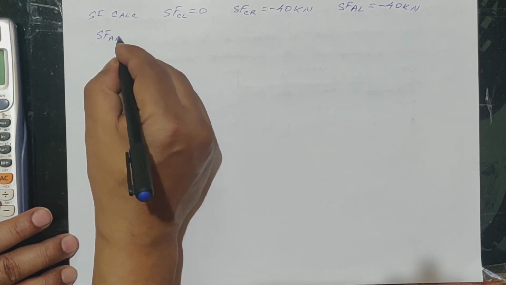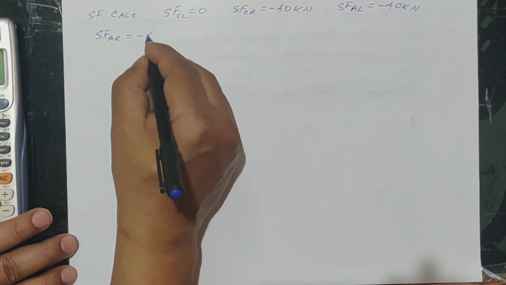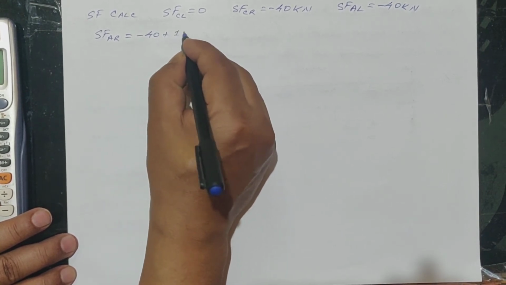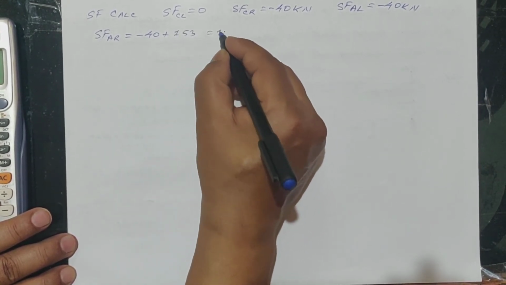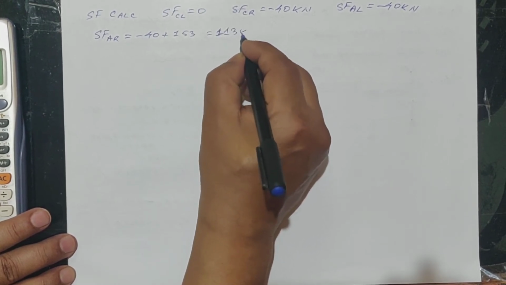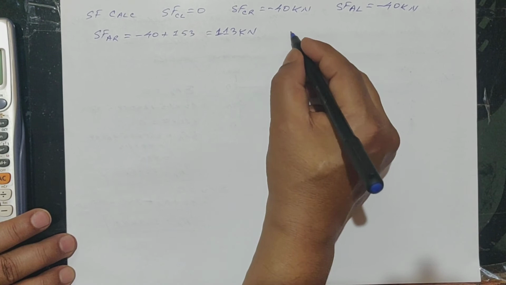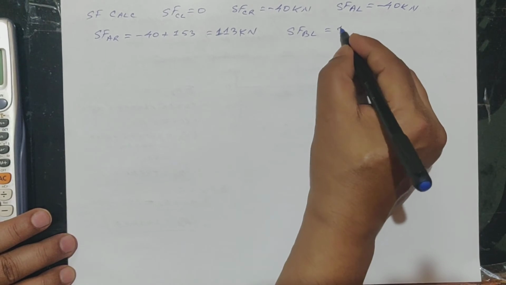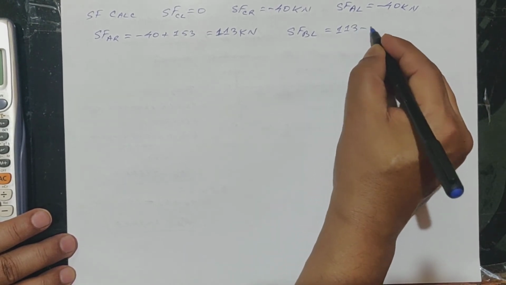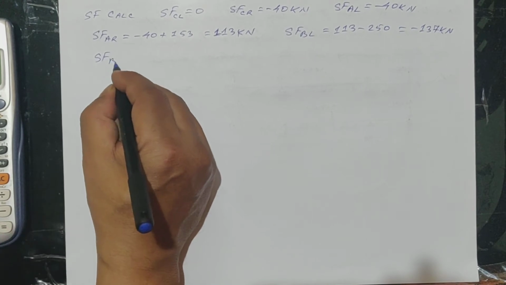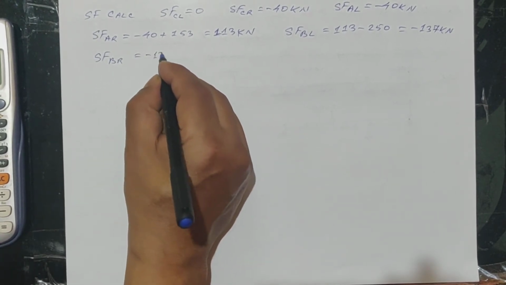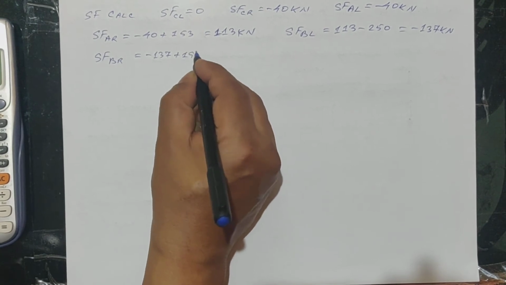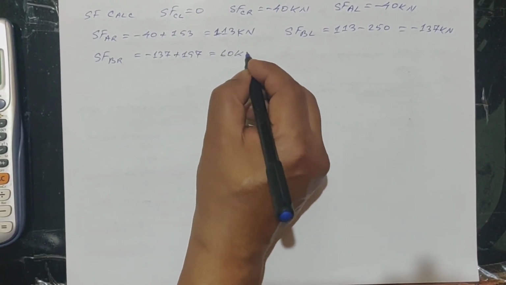SF A right hand side is equal to minus 40 plus 153, which is equal to 113 kilonewton. Then SF BL, 113 already we have got, minus 250, which is equal to minus 137 kilonewton. SF BR is equal to minus 137 plus 197, which is equal to 60 kilonewton.